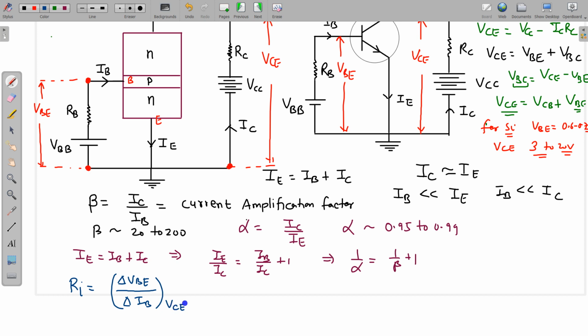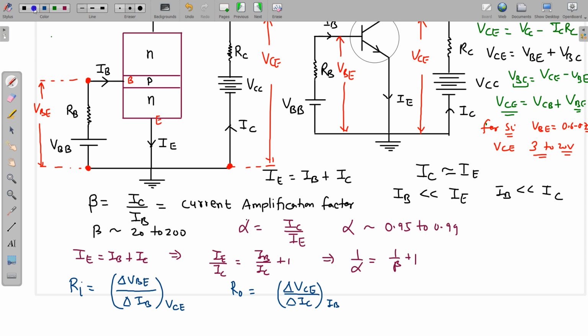So VCE is kept constant, and if we are changing this, then this is the input resistance. RO is the output resistance, dynamic output resistance, and on the output side the IC is like output current and VCE is like output voltage. So this is delta VCE divided by delta IC, and this is done for some constant parameter on the input side, and that constant parameter is IB on the input side.